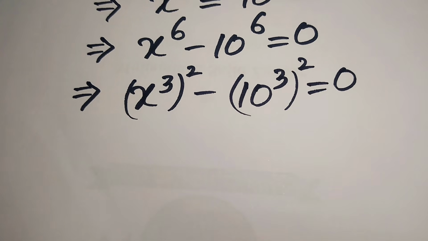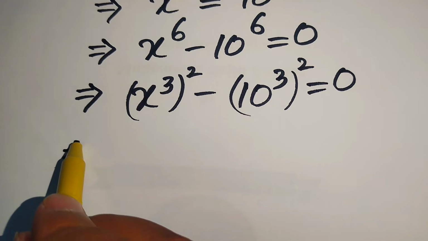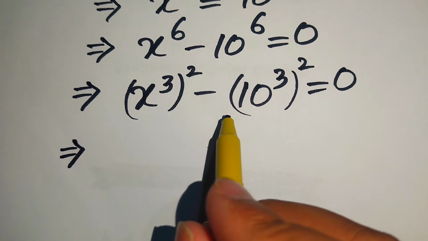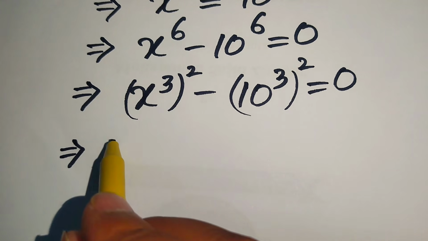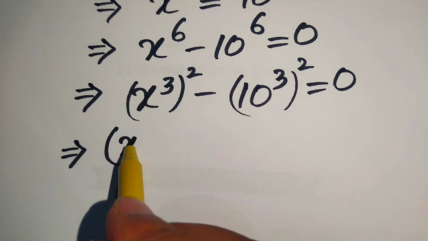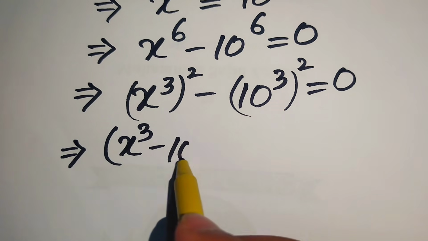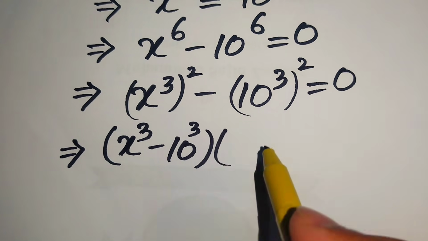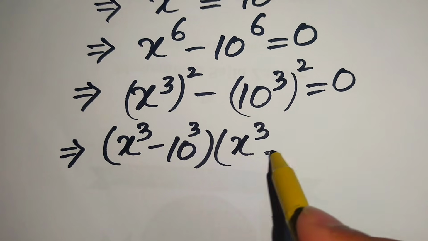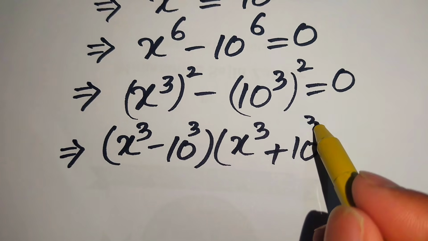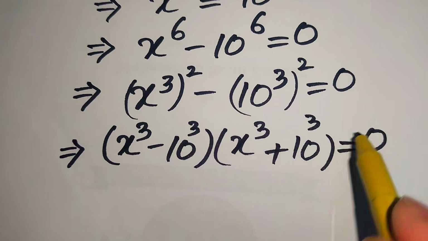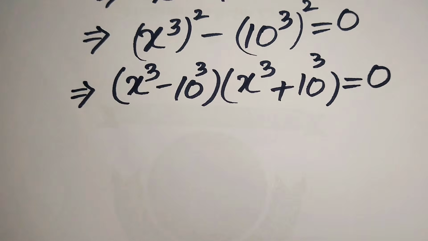Here we use the nice algebraic formula: according to that formula, we write x^2 - y^2 in this form. Here we get two factors: the first factor is x^3 - 10^3, and the second factor is x^3 + 10^3, and this whole equation is equal to 0.